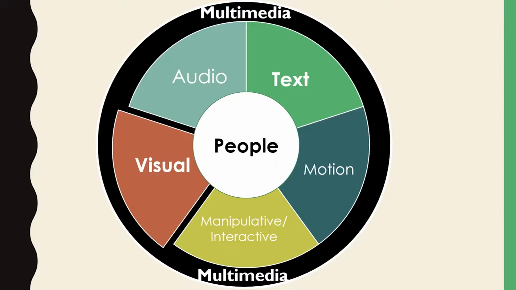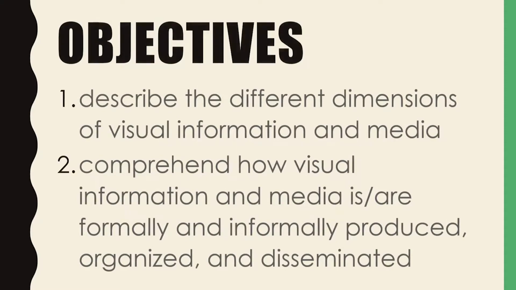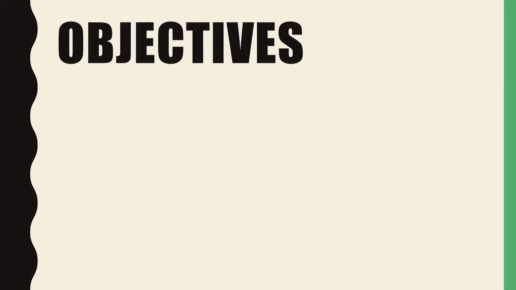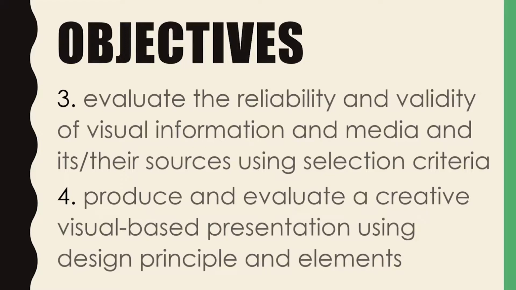The objectives of our class today would be to describe the different dimensions of visual information in media, to comprehend how visual information and media are formally and informally produced, organized, and disseminated, to evaluate the reliability and validity of visual information and media and their sources using selection criteria, and lastly, to produce and evaluate a creative visual-based presentation using design principles and elements.